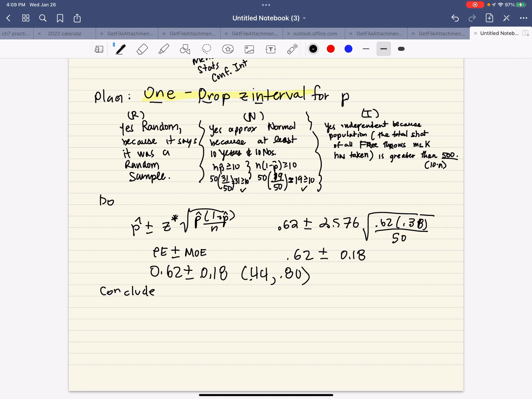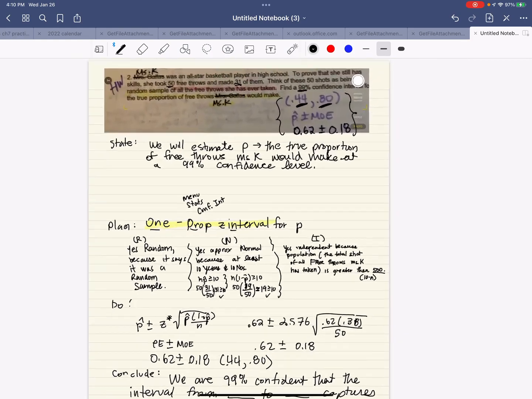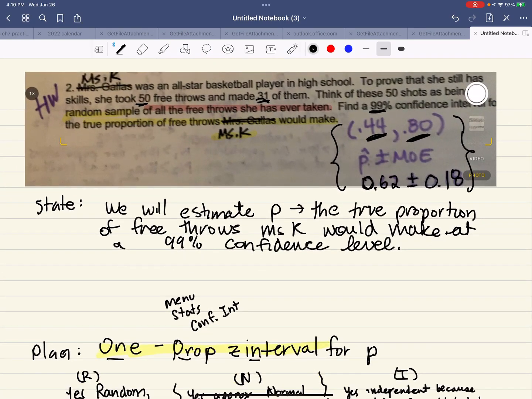Good to go? All right, we're down to the last step. Sometimes I like to do this one first because it's so exciting. We announce we are 99% confident that the interval from blank to blank captures the yada, yada, yada. So we go up here for our yada, yada, yada. What does it capture? It captures the true proportion of free throws Ms. K would make.